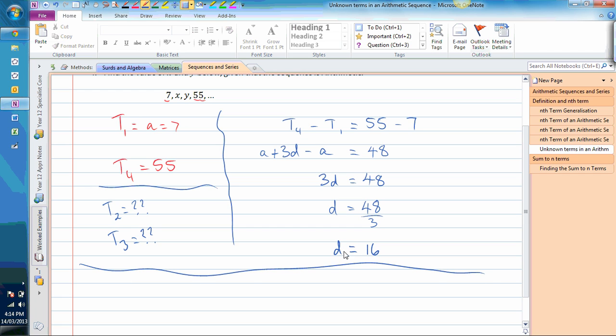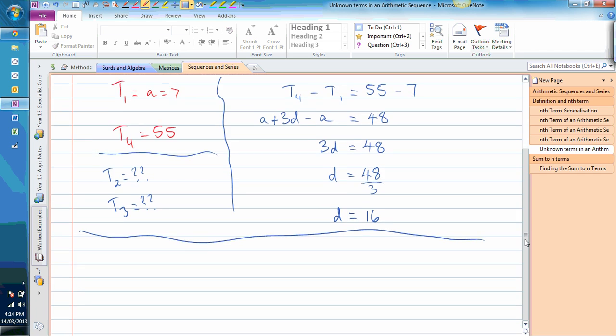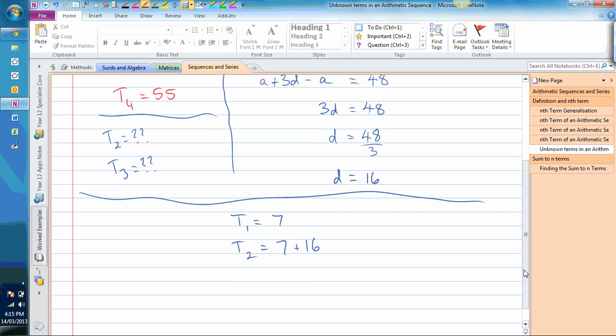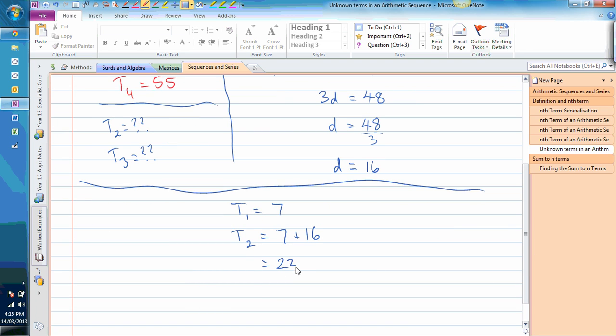Now that I've got what the common difference is, it's pretty easy to find out what term 2 and term 3 are. And I'm actually just going to do it the old-fashioned way. Term 1 is 7. So term 2 is going to be 7 plus 16, which is 23.